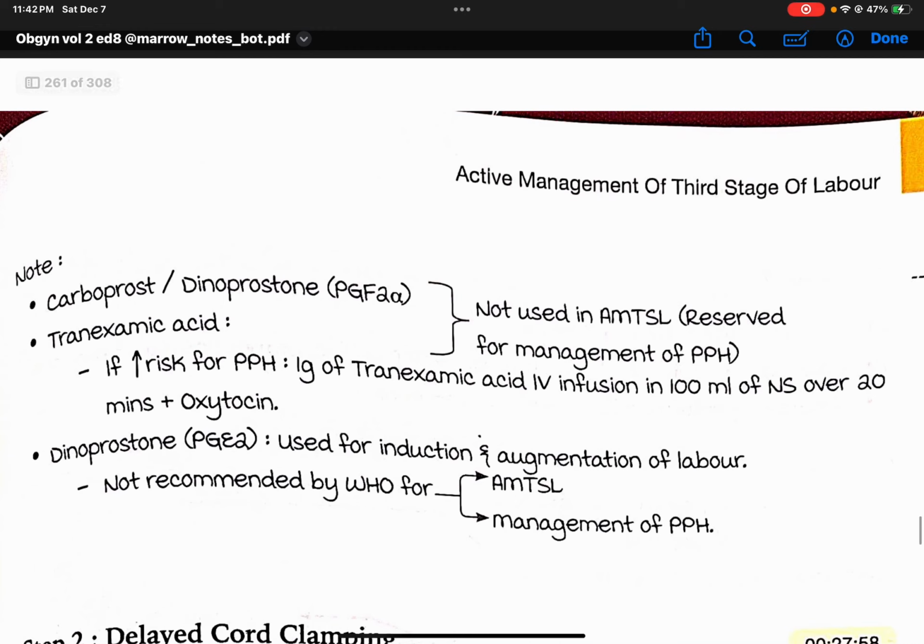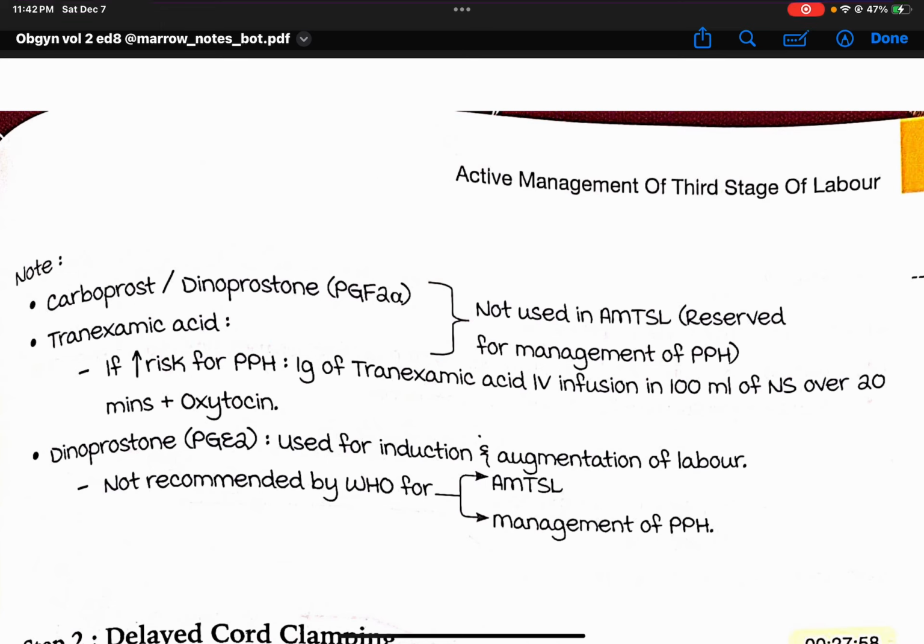Note: carboprost or dinoprostone, PGF2 alpha, and tranexamic acid are not used in active management of third stage of labor. They are reserved for management of postpartum hemorrhage.